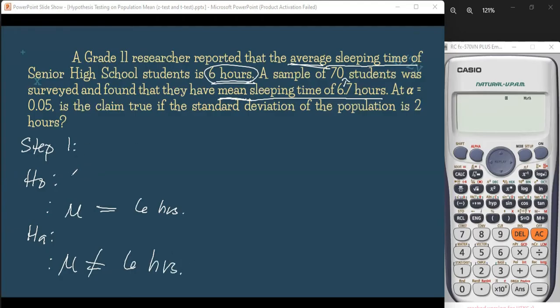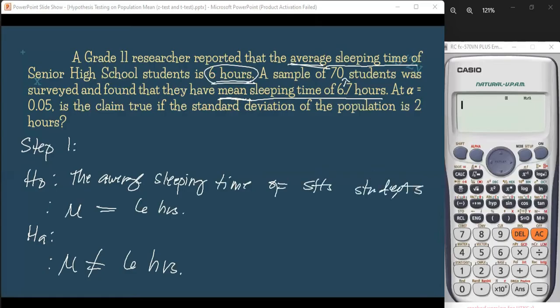Now, in our worded form, kailangan lang po natin na sundin ito pong nasa taas. So, the average sleeping time of senior high school students is 6 hours.